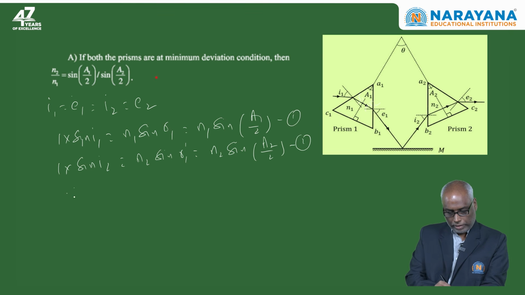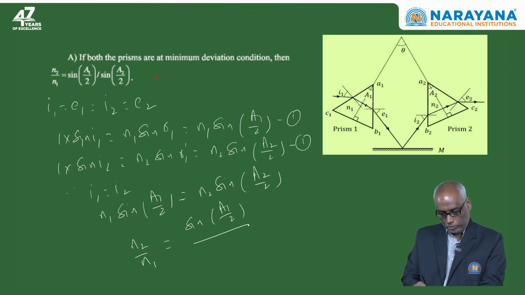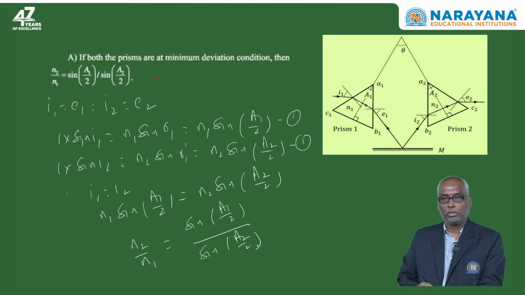Since I1 and I2 are equal, I can say N1 sin A1 divided by 2 equals N2 sin A2 divided by 2. So, from this equation I can say N1 divided by N2 equals sin of A2 divided by 2 divided by sin of A1 divided by 2. So, the first option will be correct.